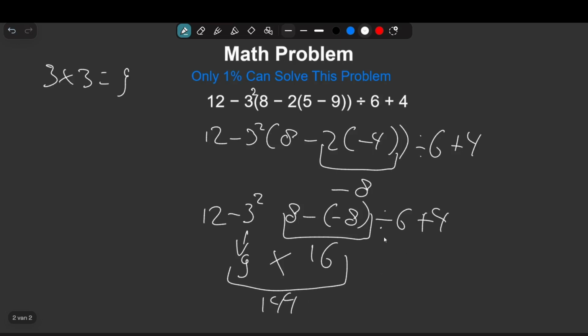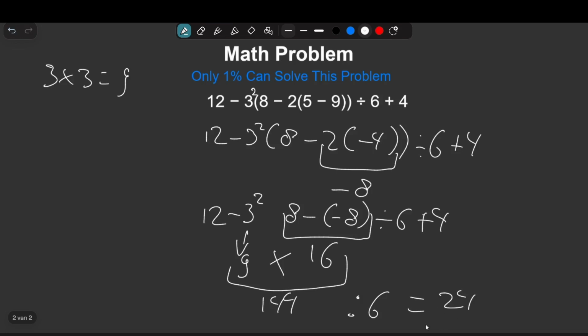So now, as you can see, we are done with the multiplication from the left side. Now we can move over to the right and we still have our division. So we're going to divide by 6. 144 divided by 6 is going to equal 24.